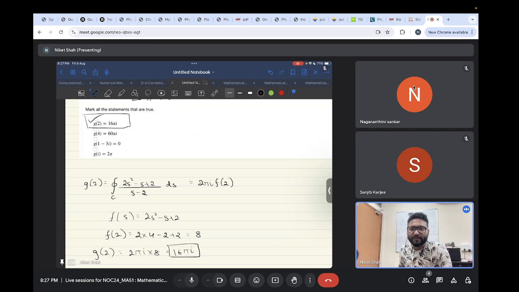So this one is the correct statement. Similarly, for g of 4, you will substitute z equal to 4. For g of 1 minus 3i, you will substitute z equal to 1 minus 3i, and so forth. So no complication here as such. This is a very straightforward problem, right? Any questions?